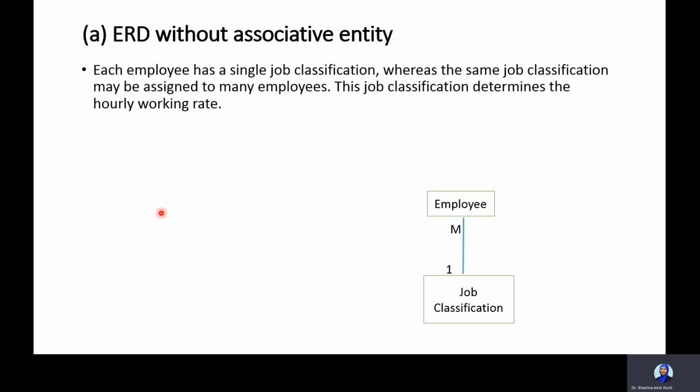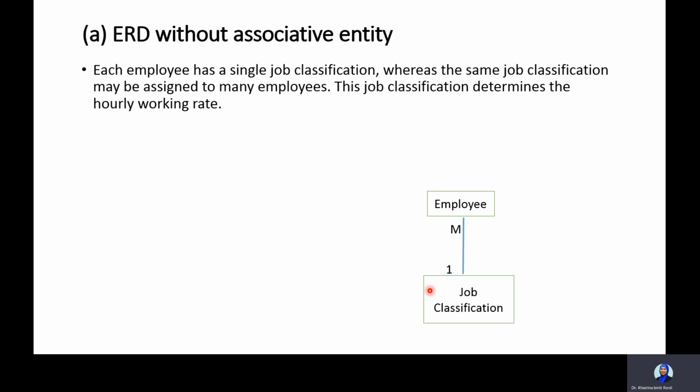Next one. Each employee has a single job classification, whereas the same job classification may be assigned to many employees. This job classification determines the hourly working rate. So the entities involved are the employee entity and the job classification entity.